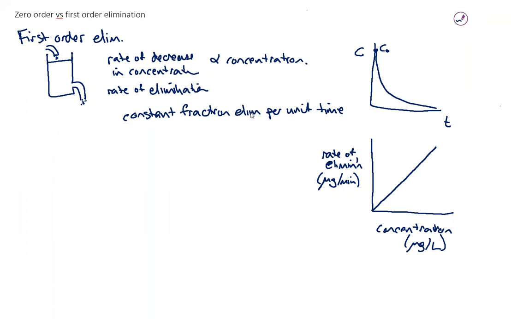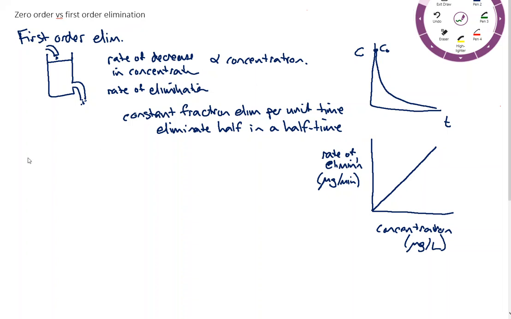You eliminate half of what you had in a specific amount of time, in which case we call this the half-time or half-life. So it's a constant fraction eliminated per unit time.